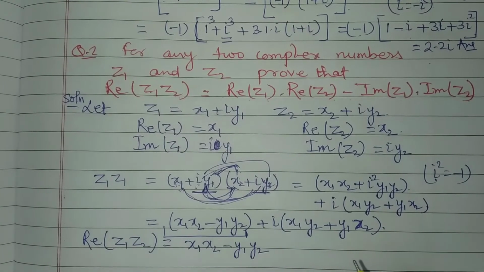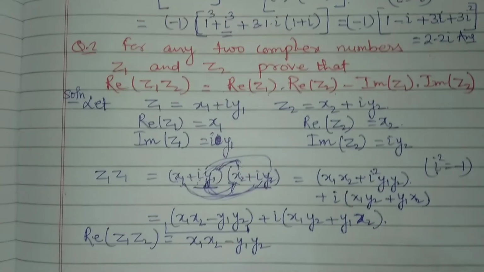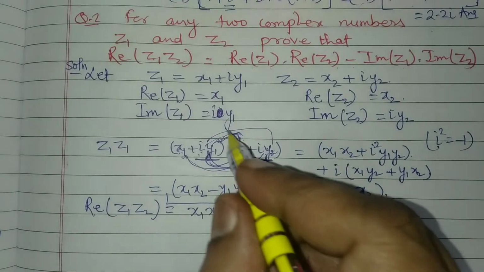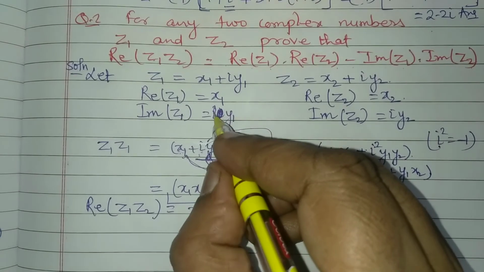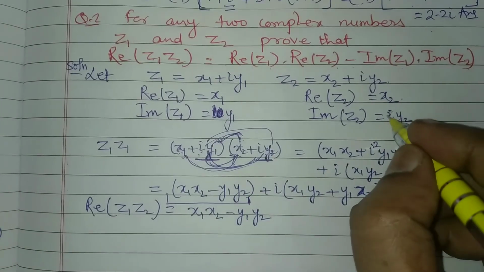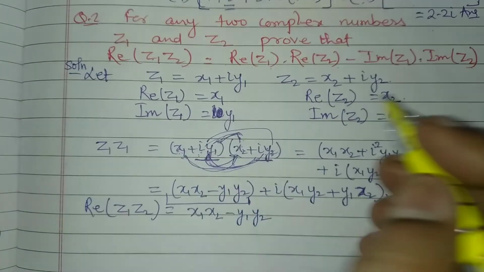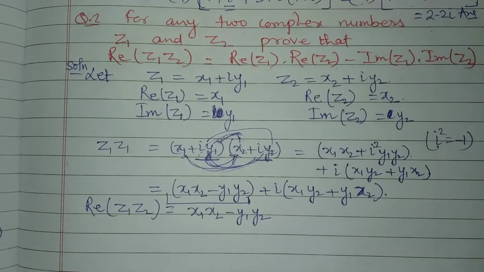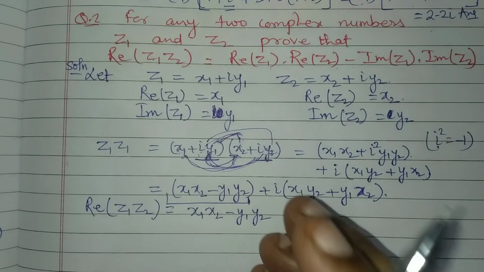Okay, so see here, the imaginary part I have to write only y1, because when it is multiplied by iota it becomes the imaginary number.